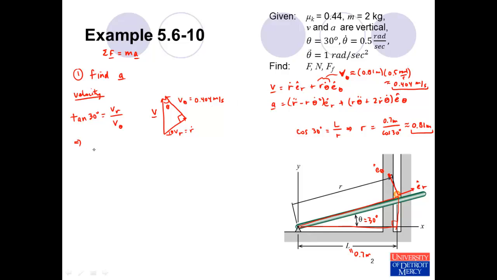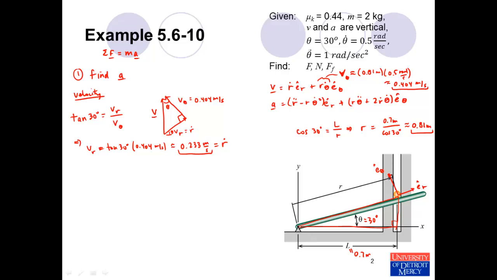So we can solve for V sub r. It's tangent of 30 times 0.404 meters per second. We type that into our calculator, and that works out to be approximately 0.233 meters per second. So that is our r dot.